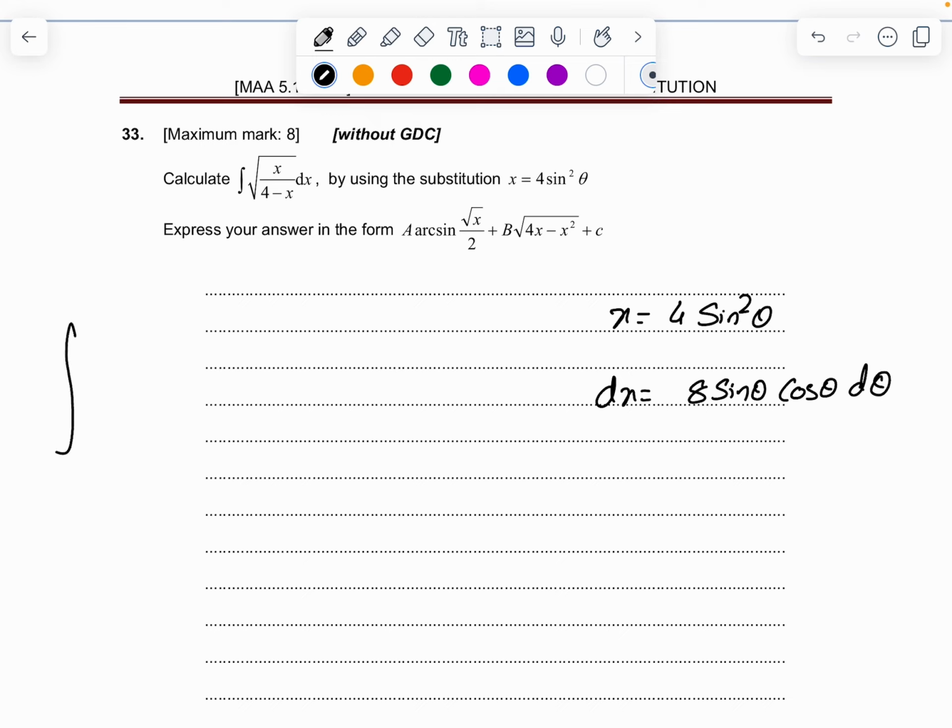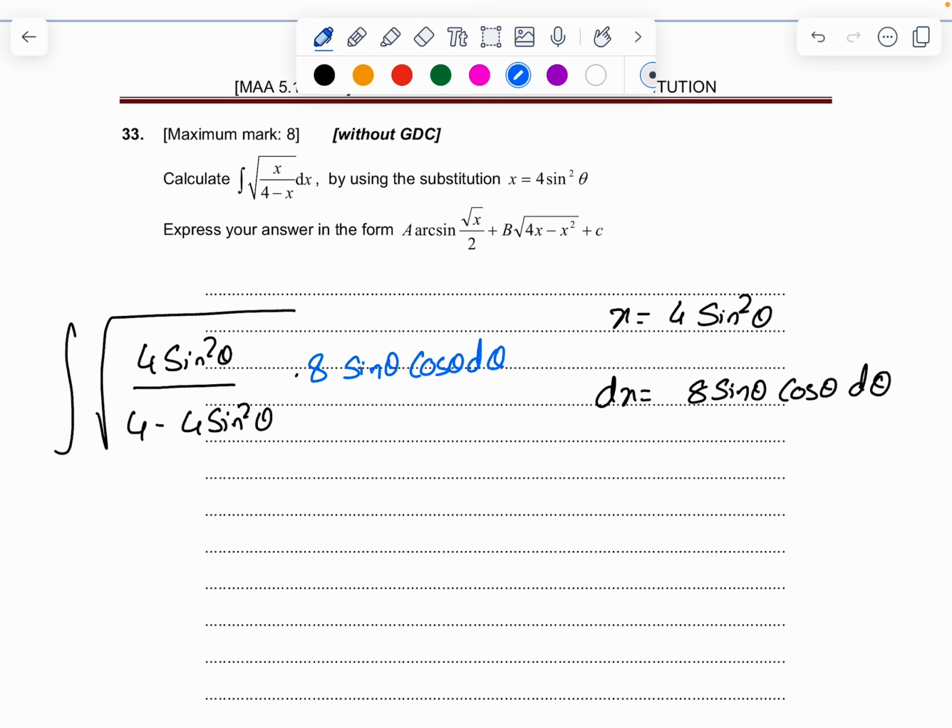So now substitute x: square root of x, which is 4 sine square theta divided by 4 minus 4 sine square theta times dx. What was dx? dx is 8 sine theta cos theta d theta. 4 cancels. So what am I left over with? Square root of sine square theta is sine theta. 1 minus sine square theta is cos square theta.